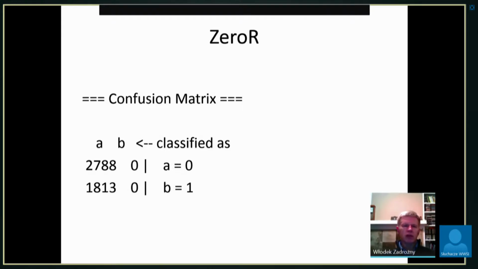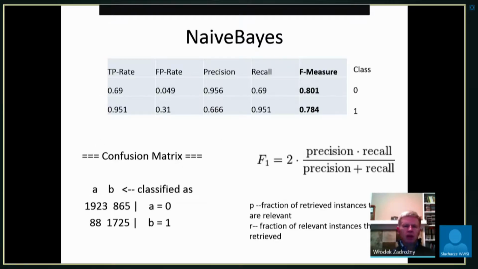So as we can see here, we have 1,800 messages which are misclassified, that should be classified as B, and have been classified as A. So in naive Bayes, we can correctly classify 1,700 of these messages, but at the cost of classifying some of the A messages as B, and there are still 88 messages which are misclassified from the B class.